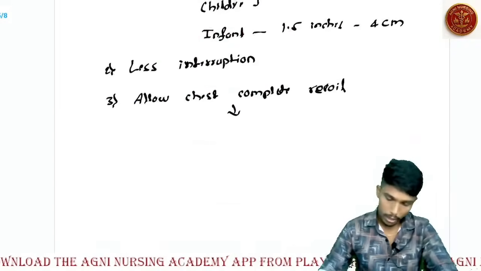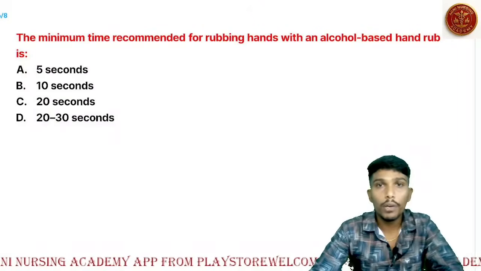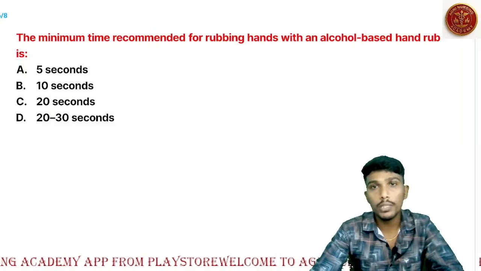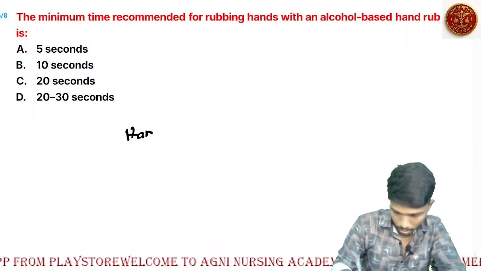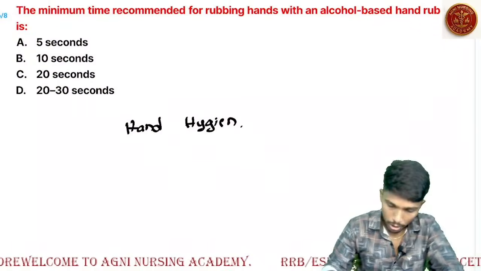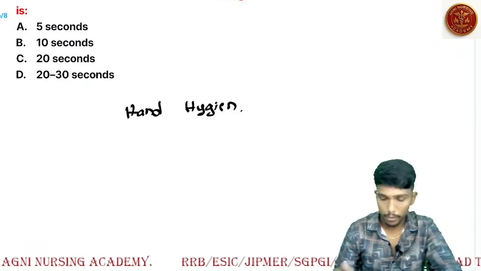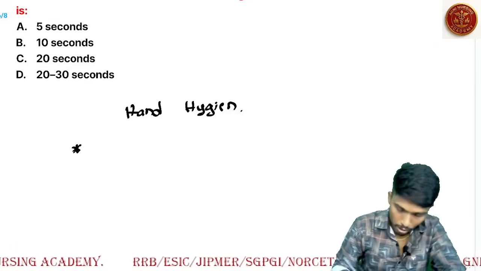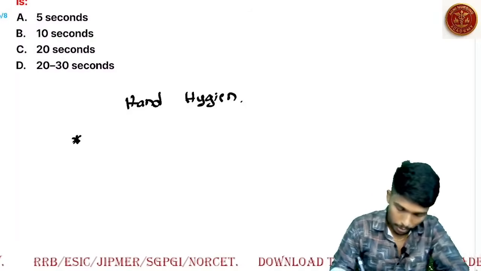Then coming to the next question, the minimum time recommended for rubbing hand with the alcohol based hand rub. So this is on hand hygiene. In this question they asked a recommended time for the hand rub. Here I will discuss all: hand rub, medical hand washing and surgical hand washing.